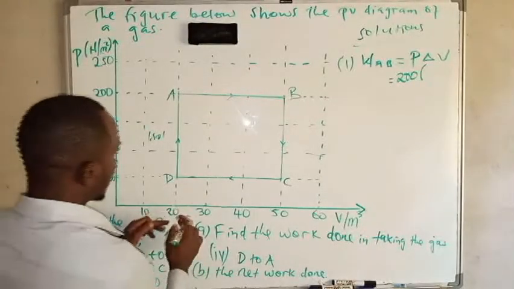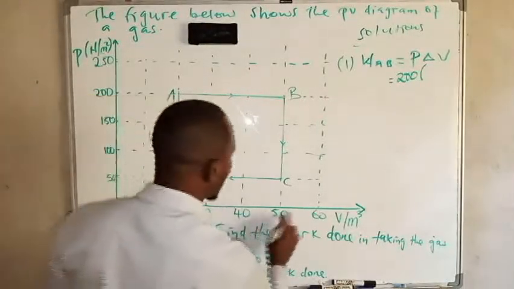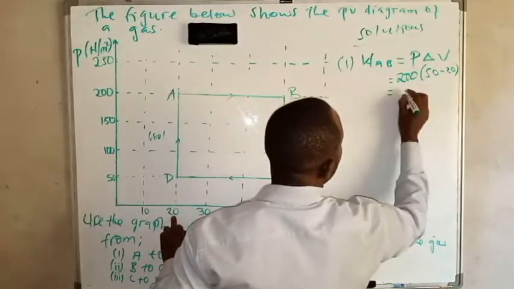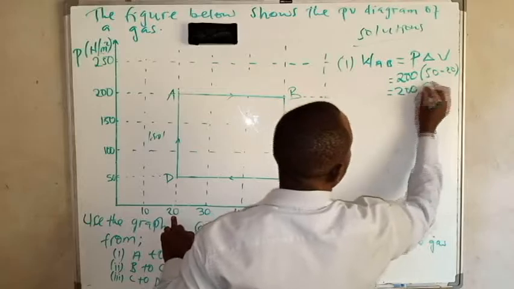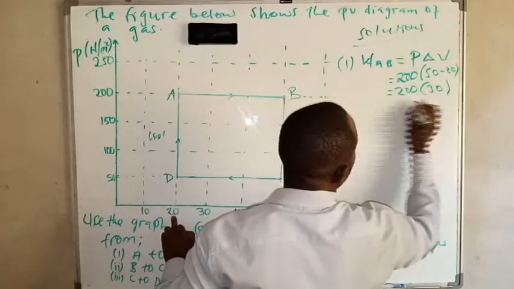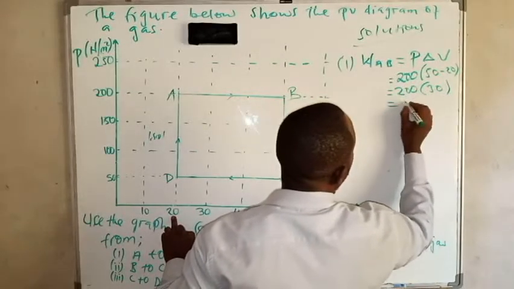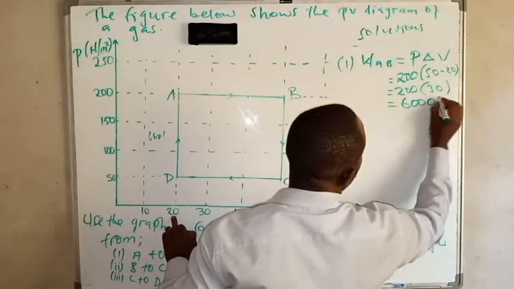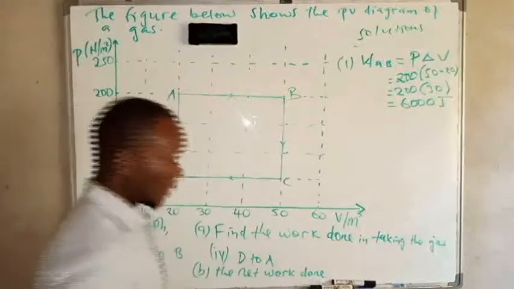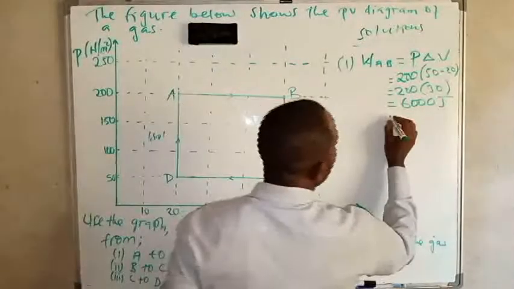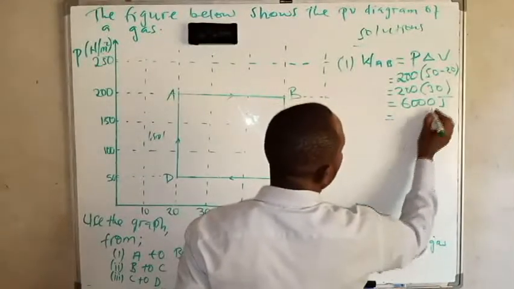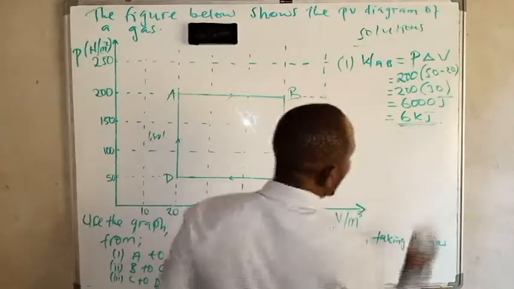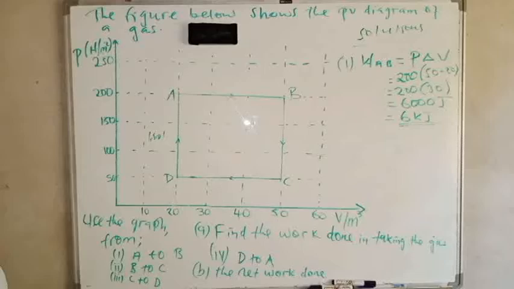The pressure from A to B is 200, times the change in volume. The volume is changing from 20 to 50, so we have 50 minus 20. This gives us 200 times 30, which is 6,000 joules, the unit for work. This can also be expressed as 6 kilojoules. So this is the answer for the first part.